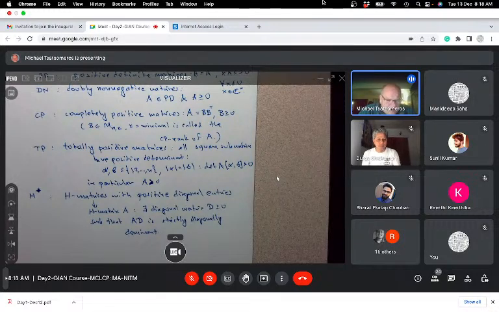So he will make that connection. I'm not being very precise right now. But nevertheless, it's a class that contains, for example, the non-singular M matrices, which I'm going to define next.